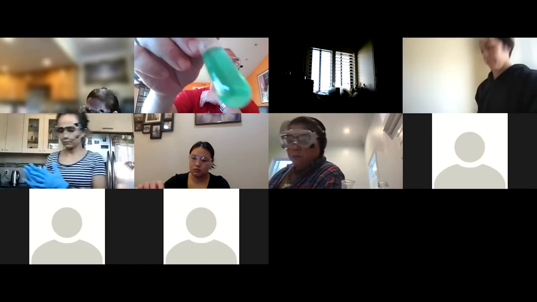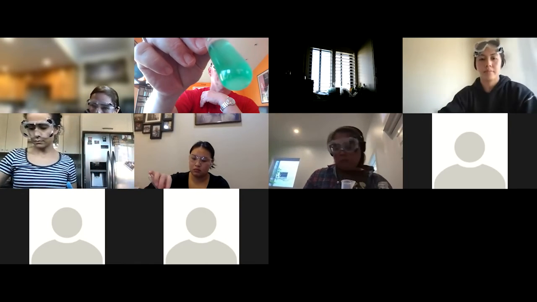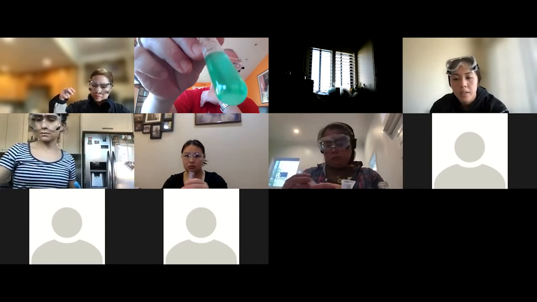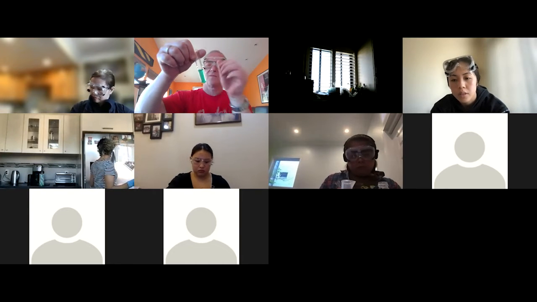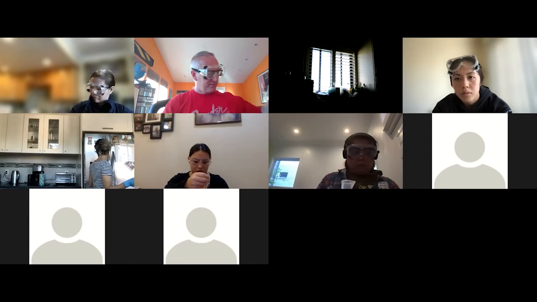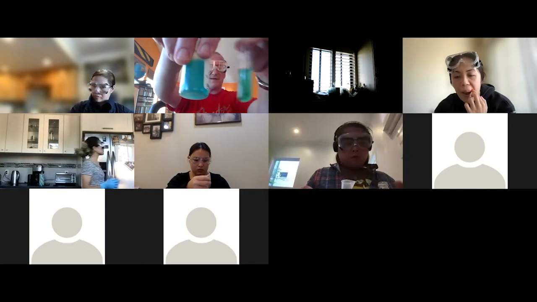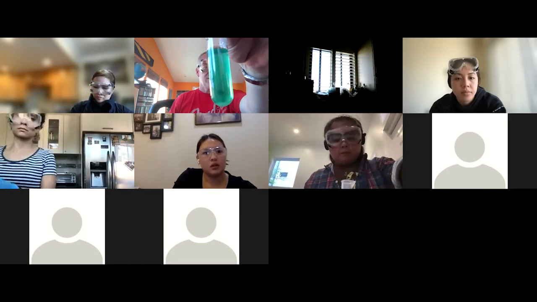Yeah, now there's only a very few of them left. So this is the original color of my copper sulfate, and this is the color of it now.